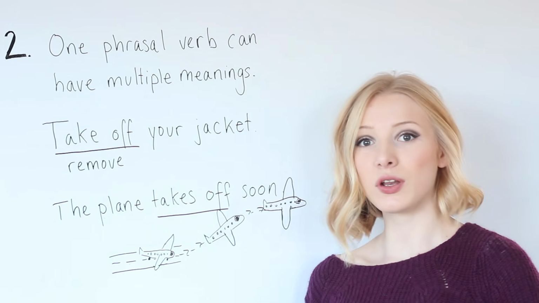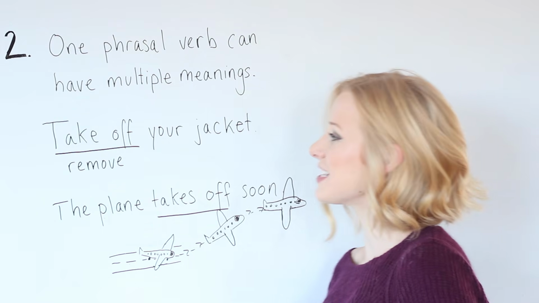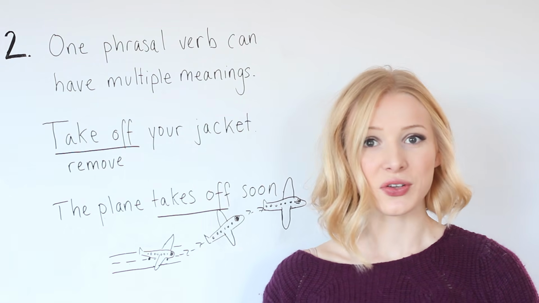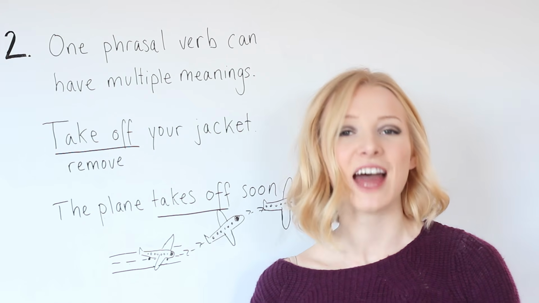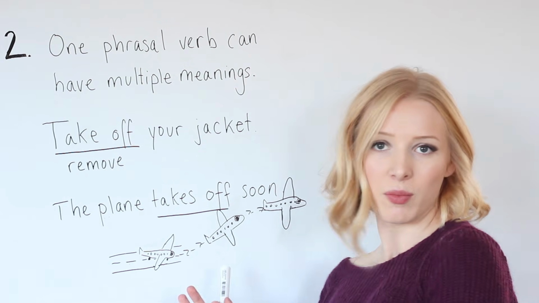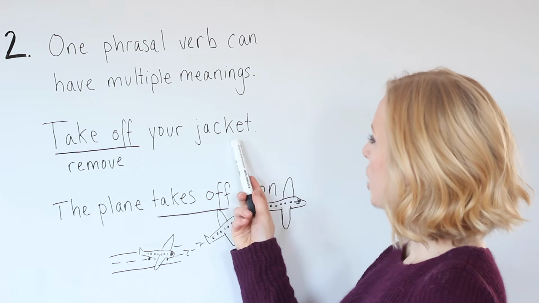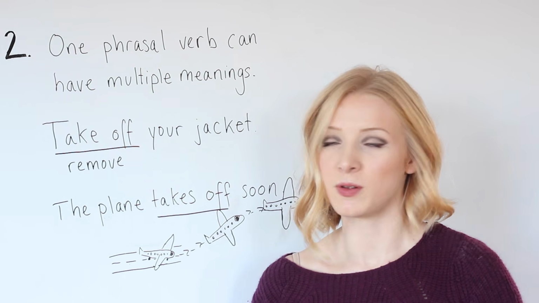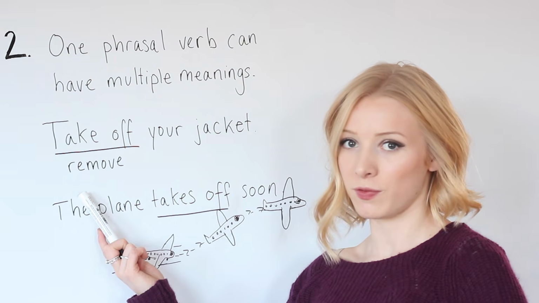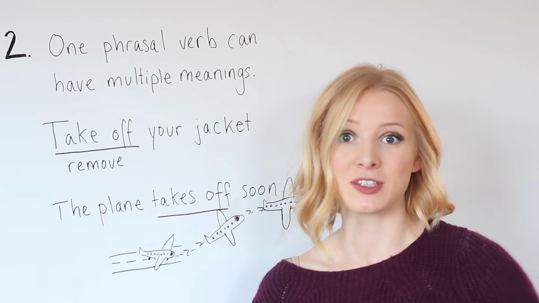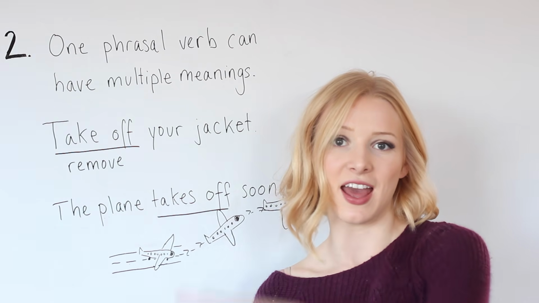So, how can you know which of the meanings are being intended? Well, the main way to do this is to look at the context and the situation around the phrasal verb. So here we've got a jacket. Well, I know jacket is clothing, so it's probable that it's going to mean remove. I can see plane here. It's probably going to be about something going into the air.